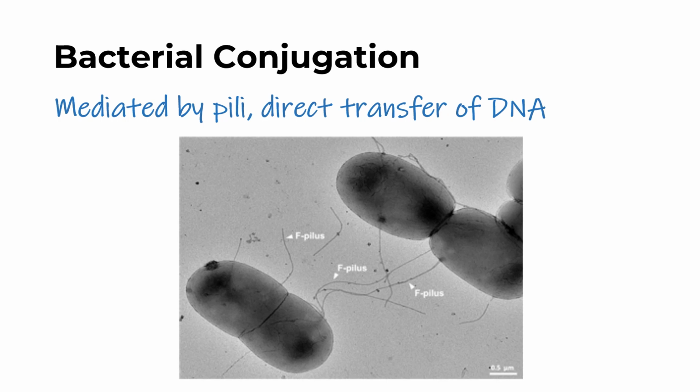The genes for the pili required for conjugation are often encoded on plasmids. Remember, those are small pieces of DNA that are separate from the chromosome. These plasmids also oftentimes will carry the genes necessary for antibiotic resistance.